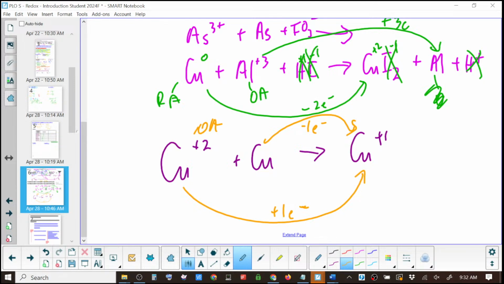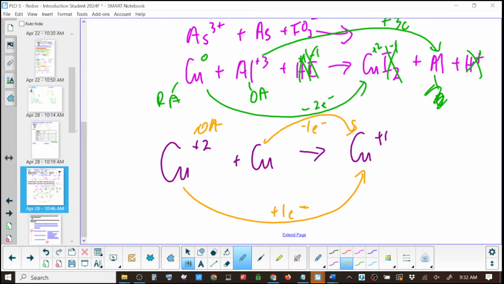If it loses electrons, it's oxidation. If it gains, it's a reduction. If it gains, it reduces. It's going up by 5, so it's going to be the reducing agent. It's going to be the reducing agent, yes. And if it loses, it's the oxidizing agent? Oxidizing.